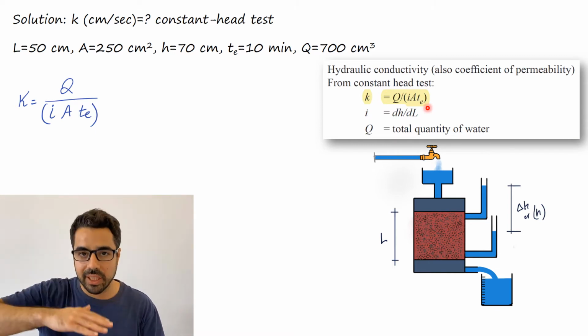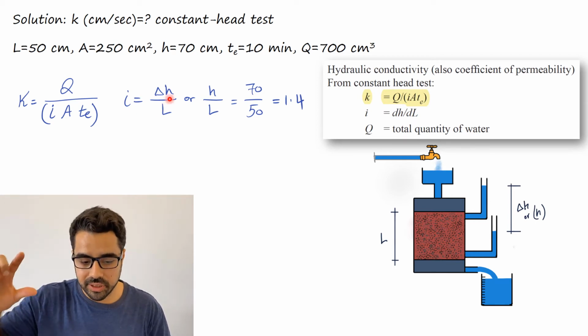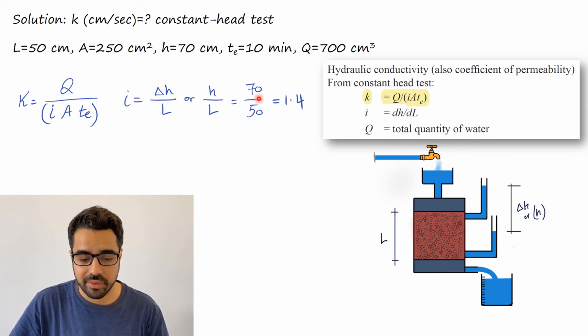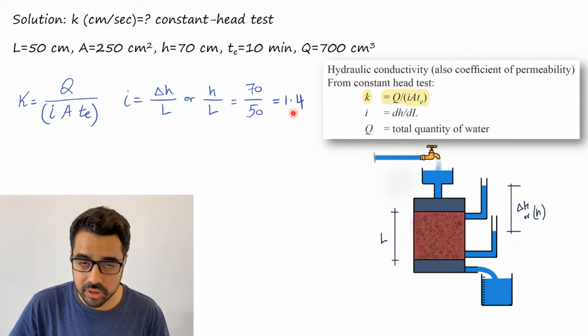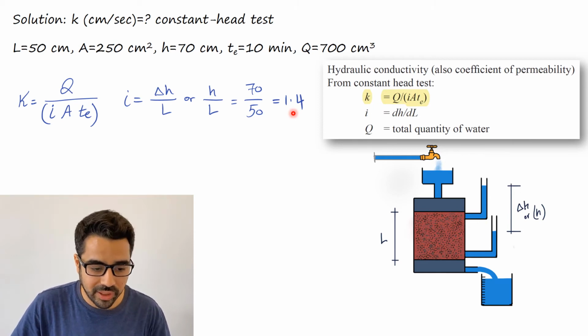I mean the duration. So I, as we said, the hydraulic gradient, is the change in the pressure head over the length of the specimen. We have 70 centimeter for H, and L of the specimen is 50, so I, the hydraulic gradient, is going to be 1.4. Now everything is basically given.